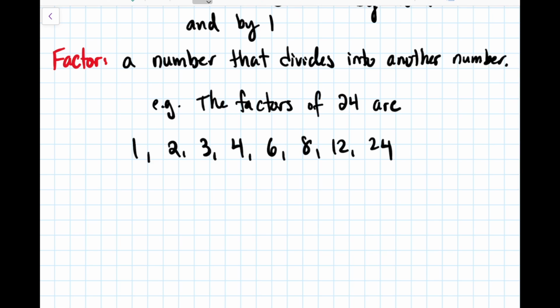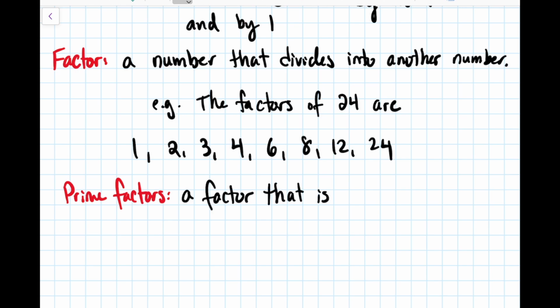So prime numbers and factors, if you put them together, you get what we call prime factors. And that's not a complicated concept. It's just a factor that is a prime number. So if you look at 24 and all of its factors there, its prime factors are just 2 and 3. 1, by the way, is not considered a prime number, so the only prime factors there are 2 and 3.